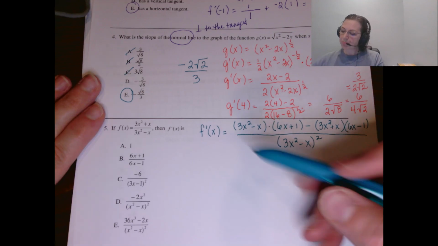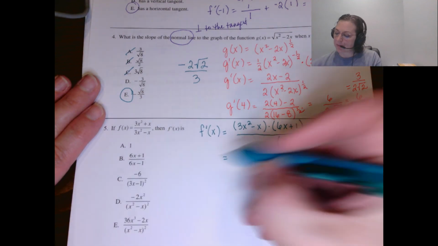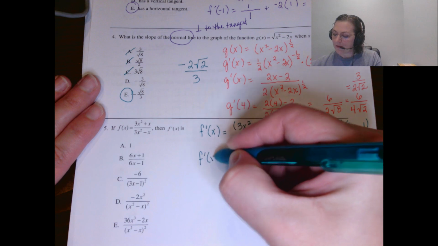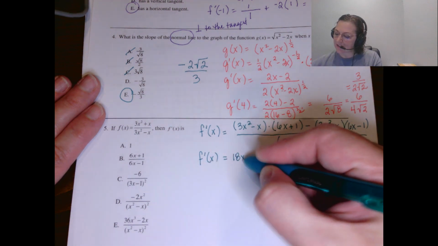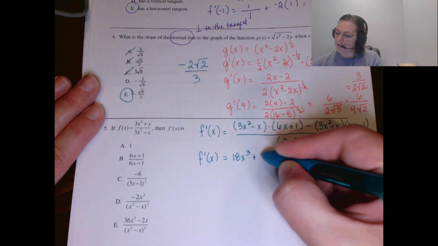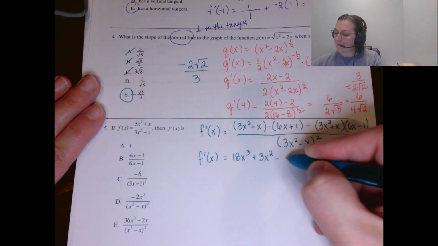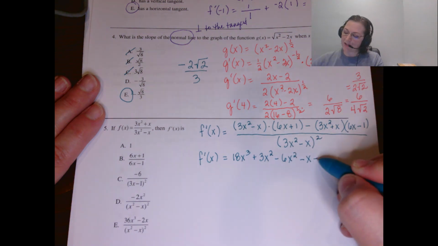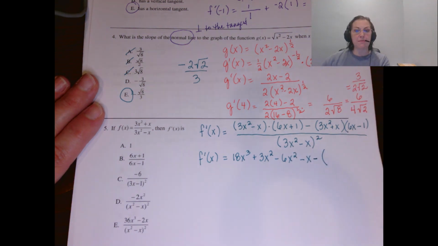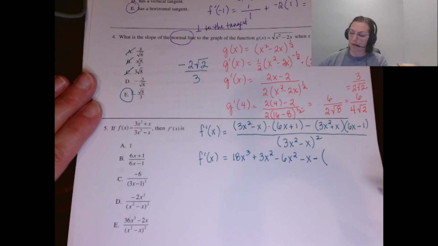Okay, let's straight up do some foiling. So I'm going to multiply these out. That gives me 18x to the third plus 3x squared minus 6x squared minus x. Now, I'm not going to distribute this minus until after I multiply because I'm going to worry about the multiply part first.